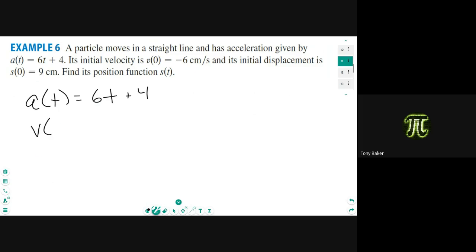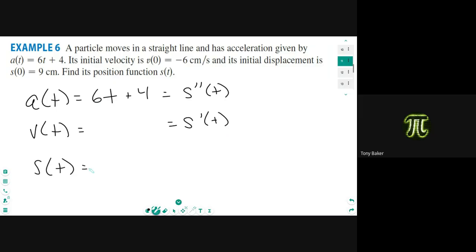And velocity is the one in between, right? So this is really the second derivative of the position. My velocity is the first derivative of the position. And then, of course, I have s of t. All right, since we're going the other direction, we're looking for integrals. So find me my integral of 6t plus 4. This one should be very simple.